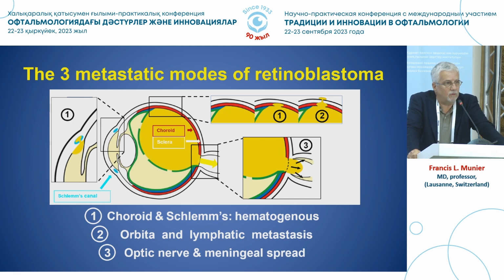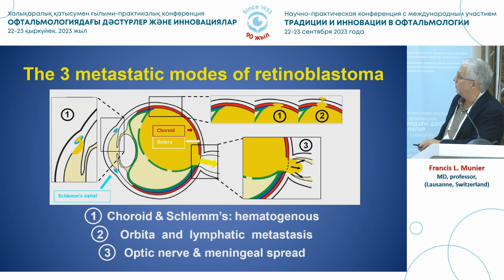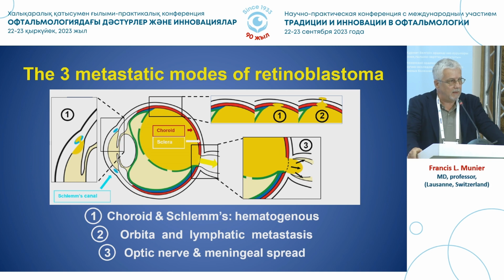because you can have a growth in the angle of the anterior chamber, and then if the tumor grows through the trabeculum, it can invade the Schlemm's canal, and then you are in the same situation as a choroidal invasion.